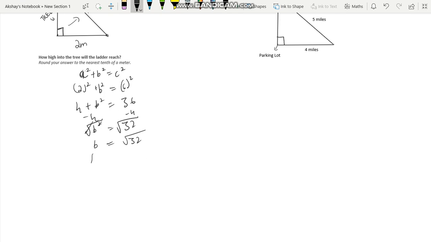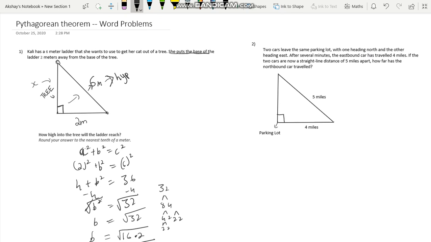To do so, we have to find the prime factorization of 32, which is 8 and 4, 4 and 2, 2 and 2, and this goes into 2 and 2 as well. So basically this is 16 times 2. And 4 times 4 is 16, so we can take our 4 out.